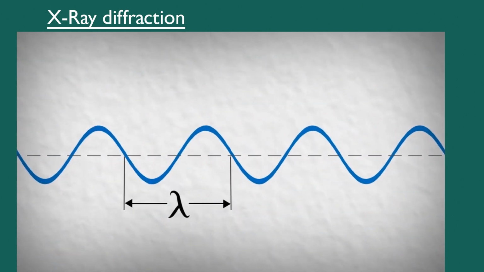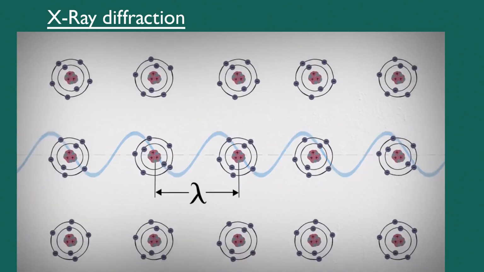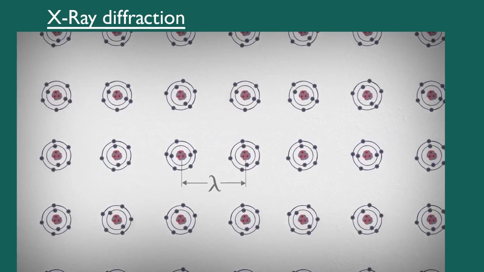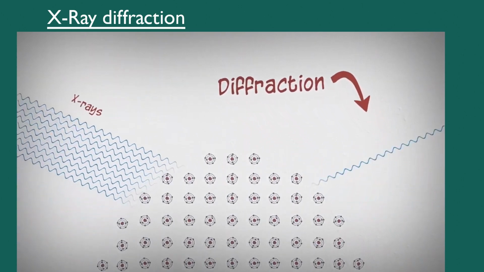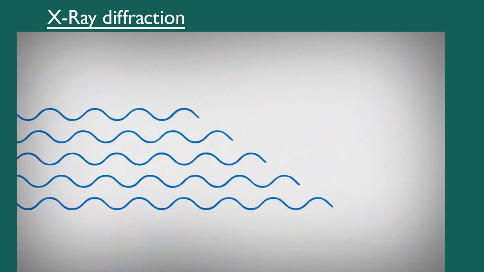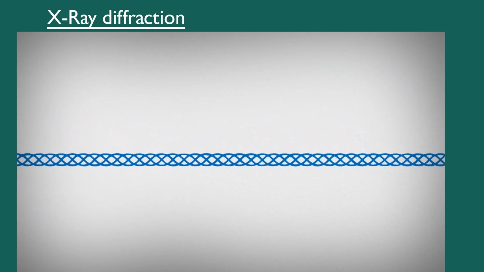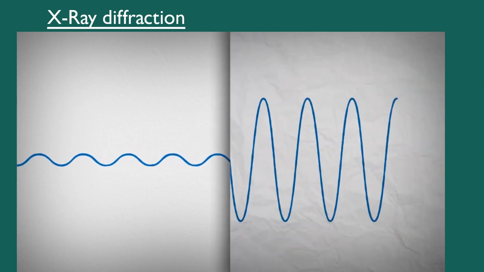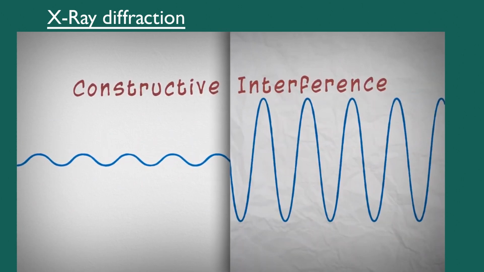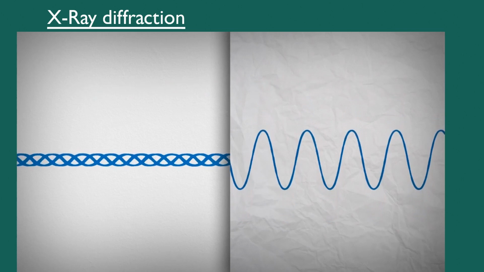And these are the wavelengths in the signals. The X-ray is used to detect the distance between atoms. If the waves are aligned, the signals are amplified, as we see. So this is called constructive interference.